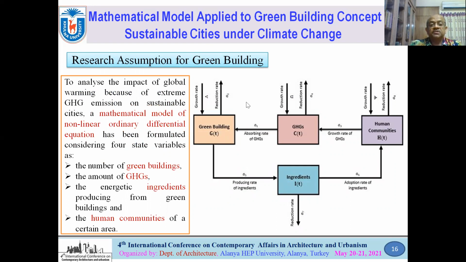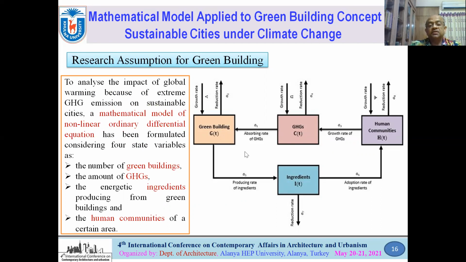For the sustainable cities, the main idea is to reduce the greenhouse gases. And then our human community should get benefit from this green building. And also, green building can produce several energetic ingredients.